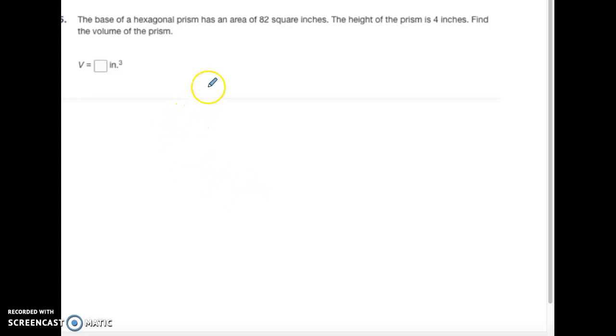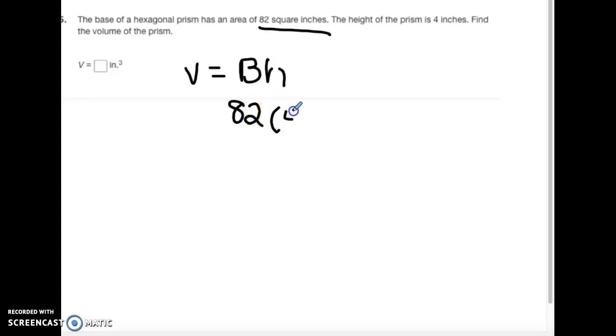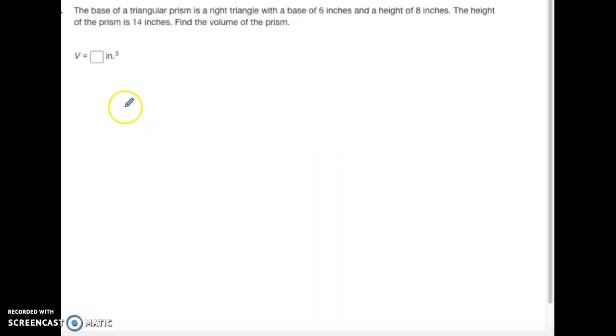Number 5, we're looking for volume of the prism, so base area times height. This time we're given the base area, so plug that right in for big B, and the height is 4. 82 times 4 is 328 inches cubed. Nice and easy. Again, we're finding volume of the prism, so volume equals base area times height.